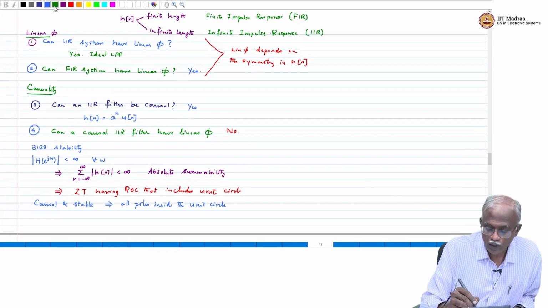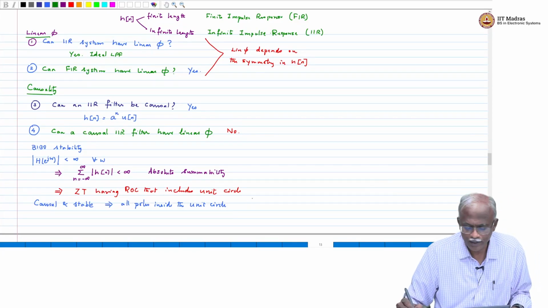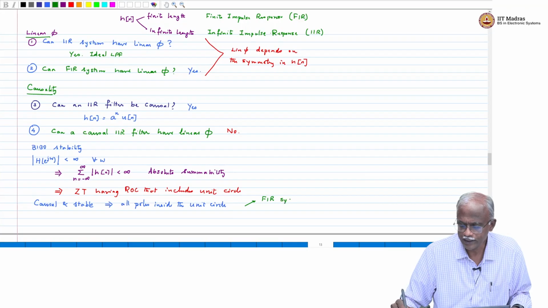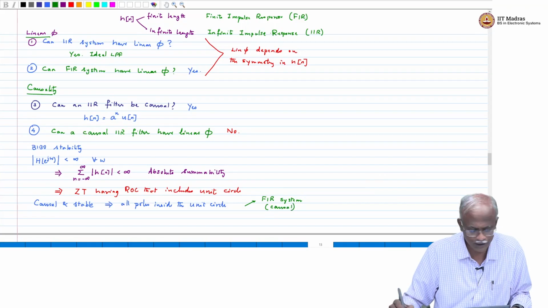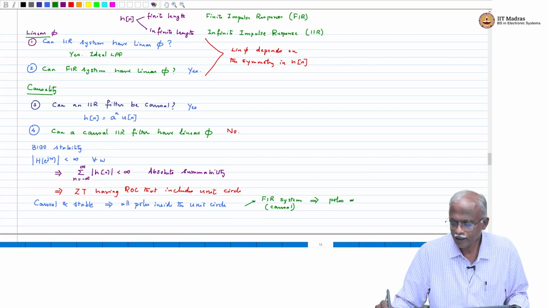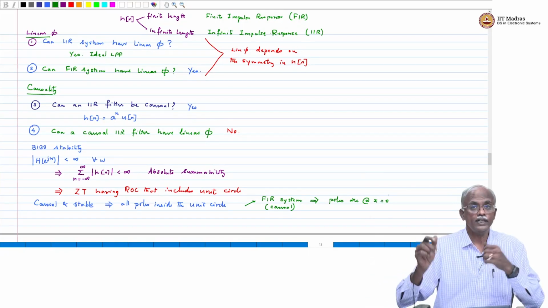Okay, so now comes the final statement. Supposing I want to understand the aspects of causality and stability for an FIR system, an LTI system with a finite impulse response, and of course in all cases we are looking at a causal system. Where are all the poles? All the poles are at z equal to 0.